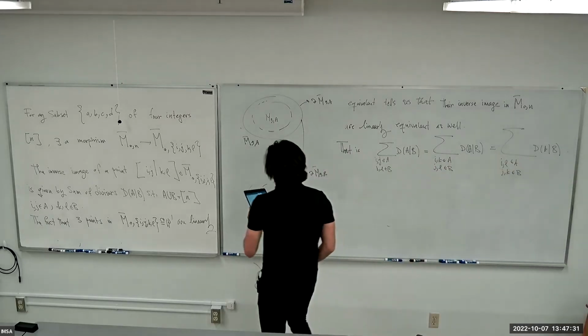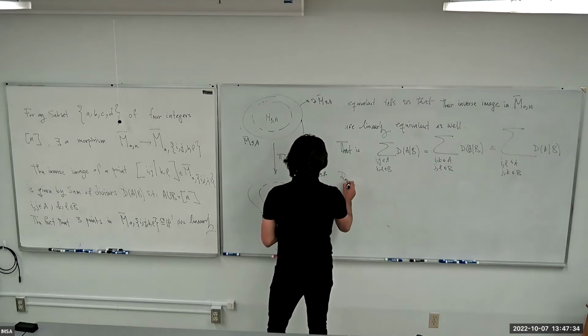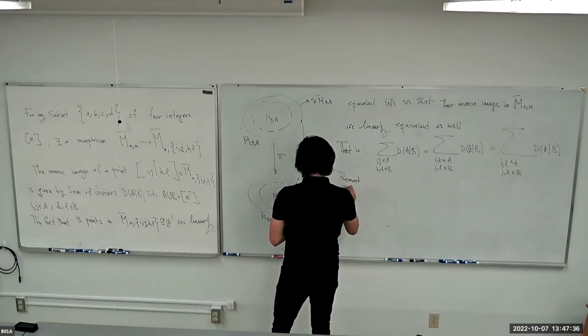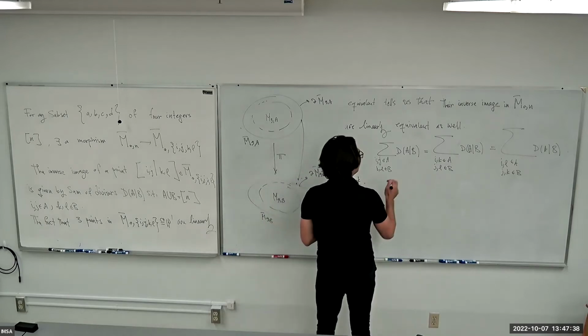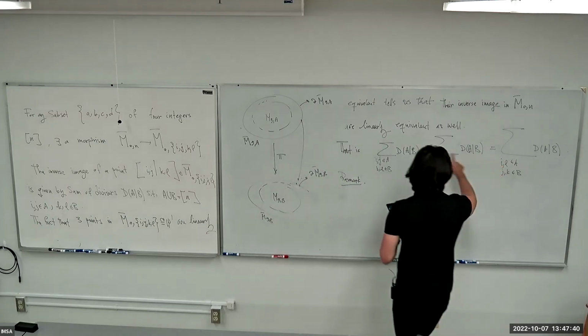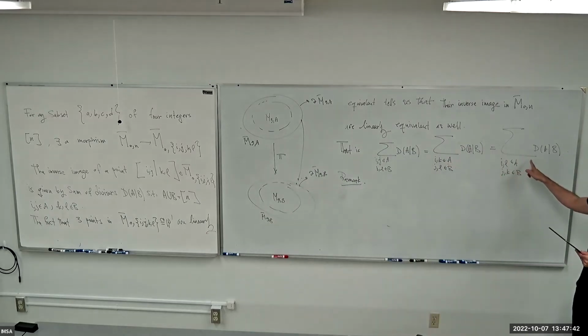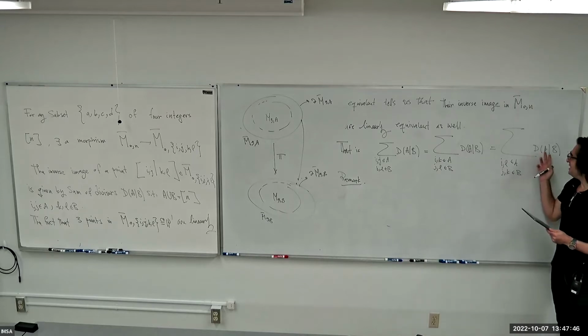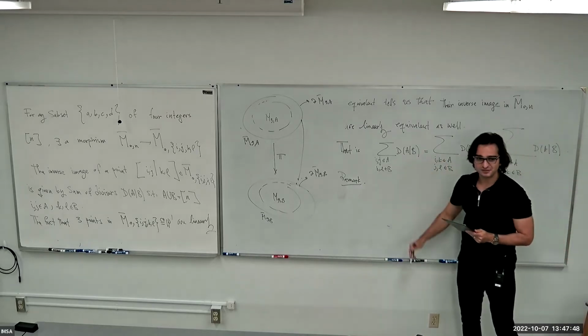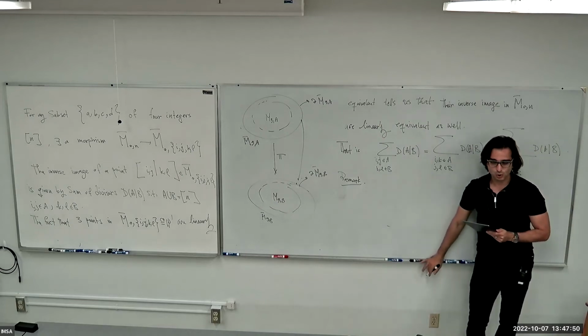Okay. Remark. Oh, by the way, this sum, these are divisors, right? You didn't ask me what this sum is. Each divisor is a space, right? It's a codimension 1 subspace of M0n.